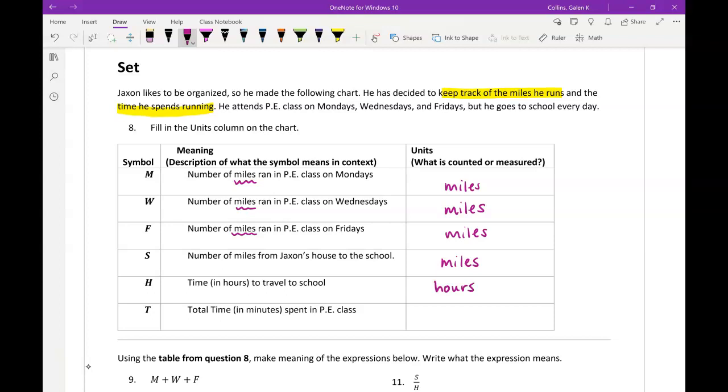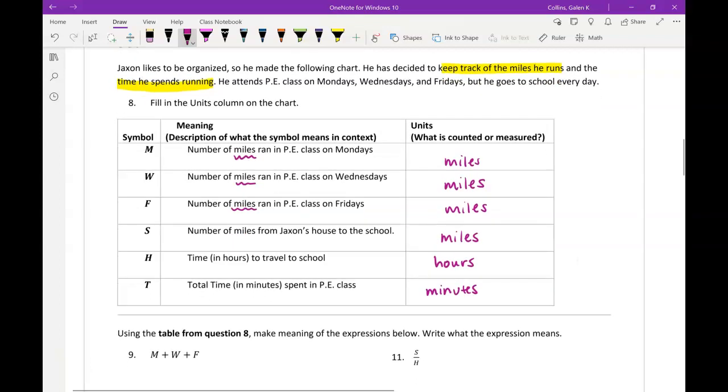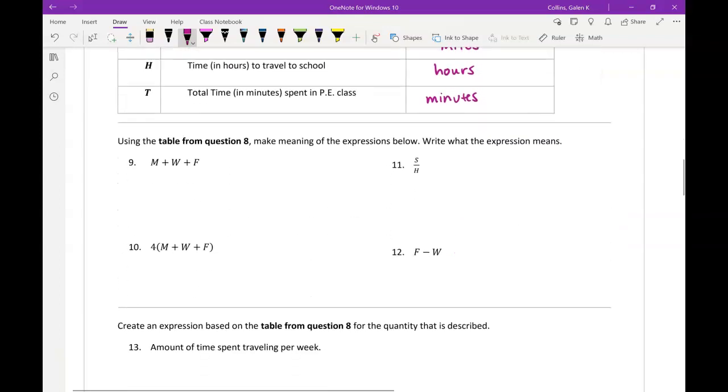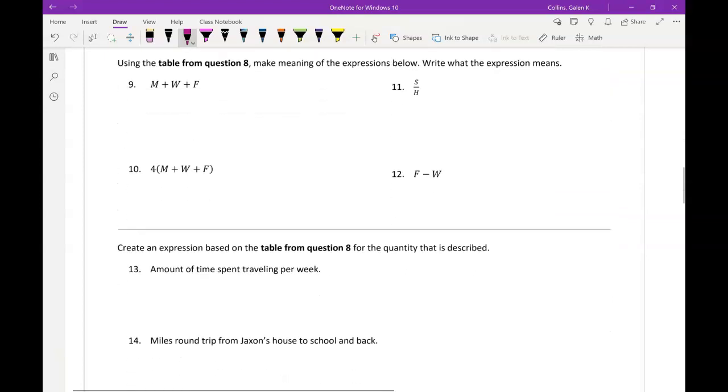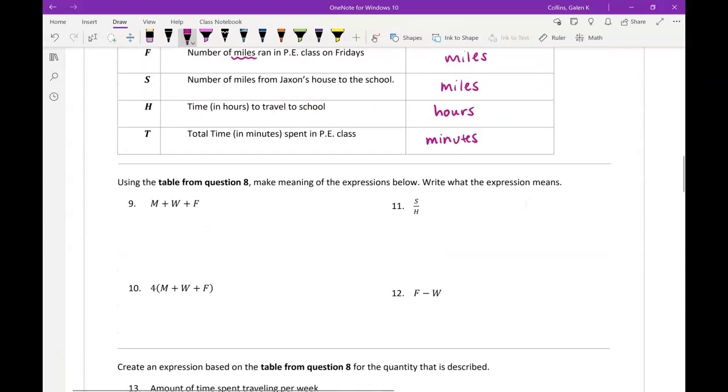And then lastly, uppercase T represents the total time in minutes spent in PE class. So both H and T are variables that are representing time in one way or another, but uppercase T is measured in minutes.